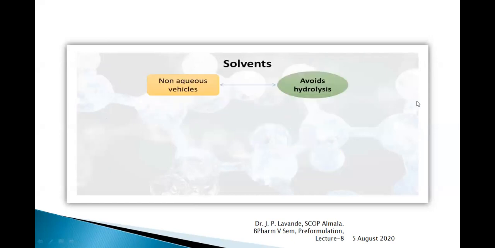If you see the solvent, the non-aqueous solvents will avoid the process of hydrolysis. That's why these are advisable. The use of a co-solvent will increase the stability, as we saw in the very first or second lecture, the use of two different solvents for improving the stability.